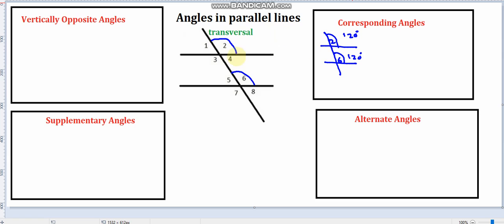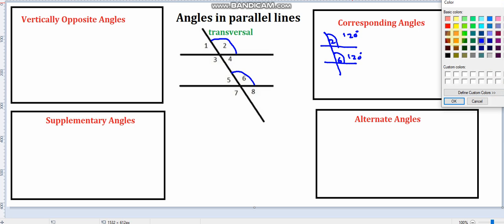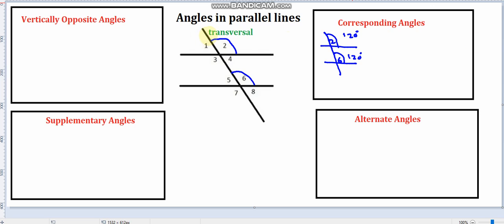Let's see what other angles are corresponding to each other. If I see this angle, this is angle 1, it is corresponding to angle 5. Now look over here, angle 1 is corresponding to angle 5. This F is inverted.